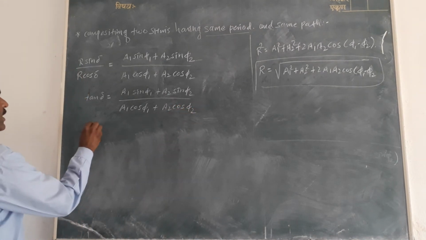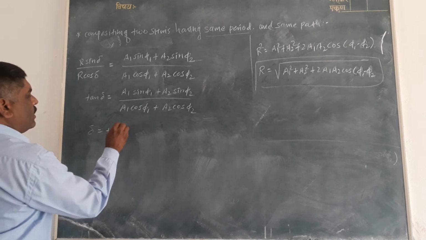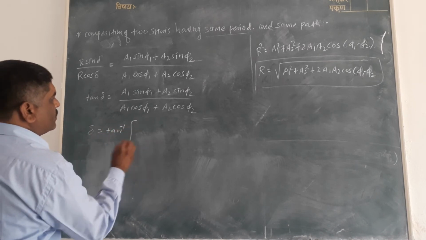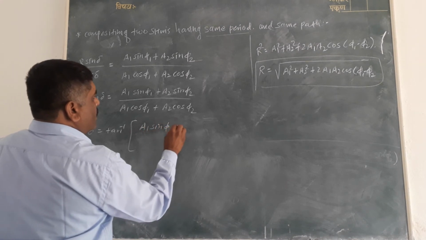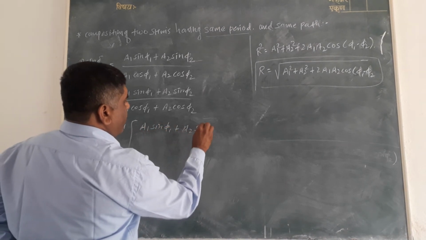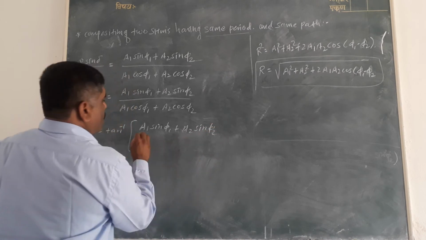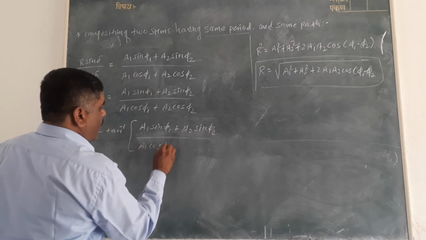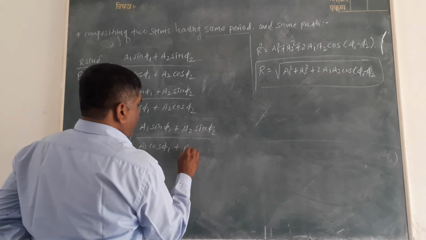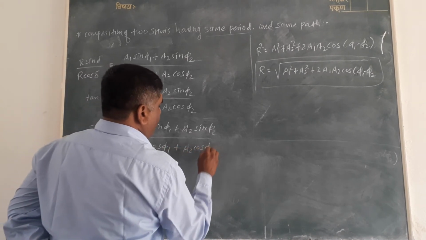Therefore, delta is equal to tan inverse of A1 sin phi 1 plus A2 sin phi 2 divided by A1 cos phi 1 plus A2 cos phi 2.